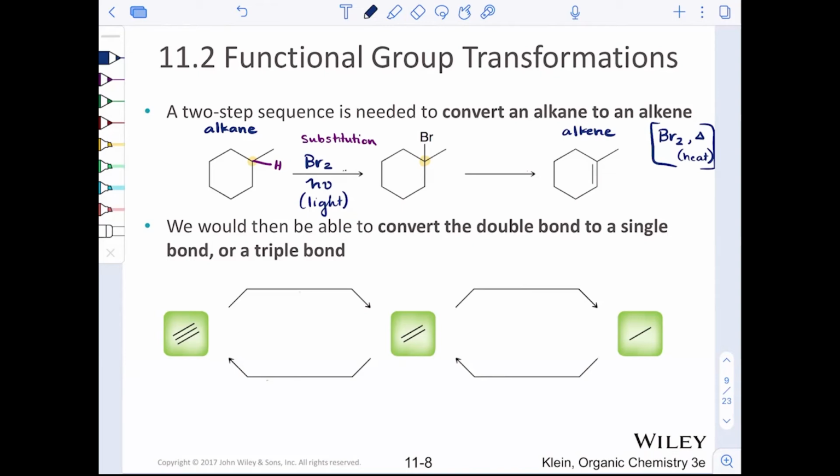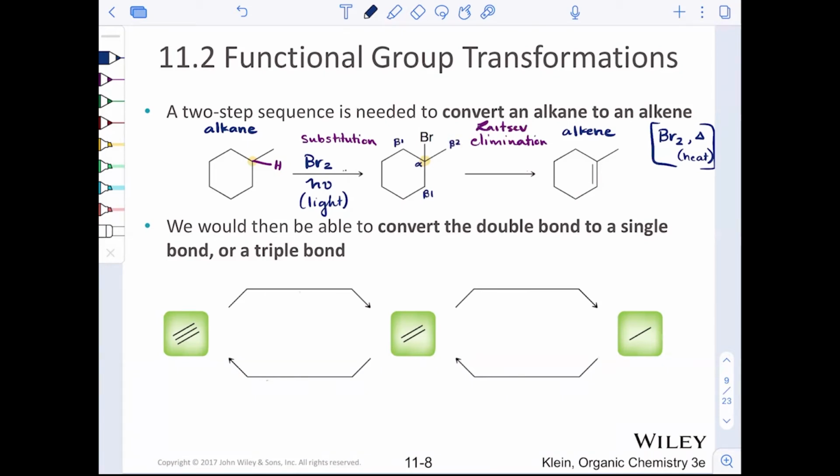Our second step is an elimination reaction. Noticing that this is a Zaitsev elimination. If you need to go back to our Zaitsev idea, the more substituted beta, this one down here, call this beta 1 versus beta 2, right?